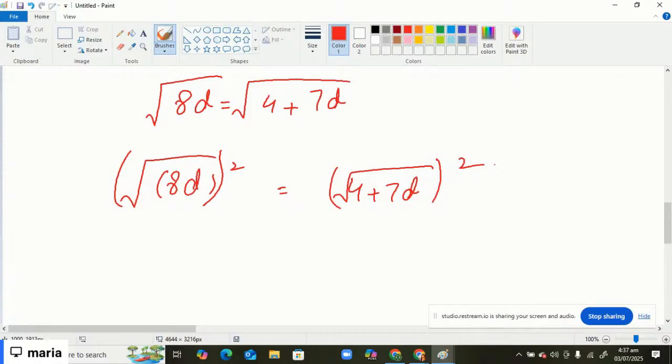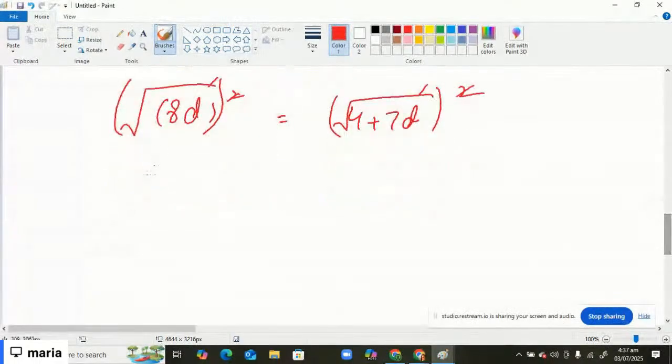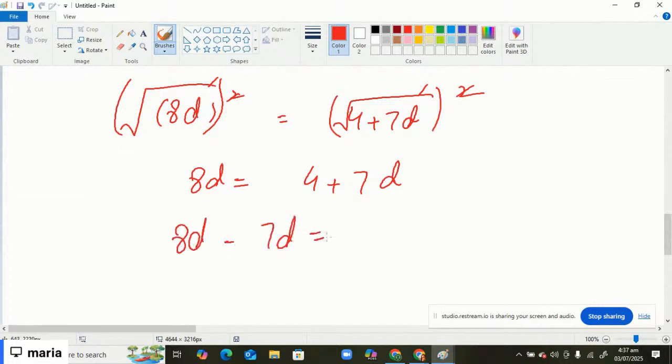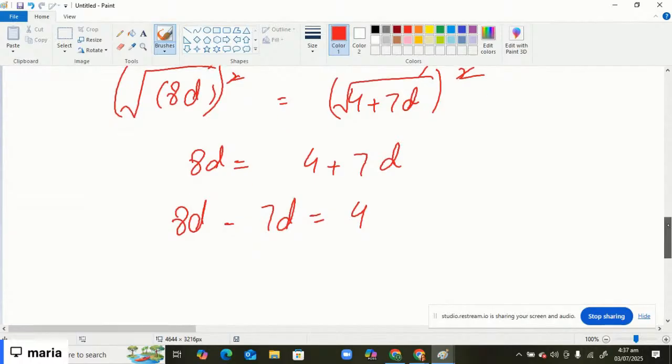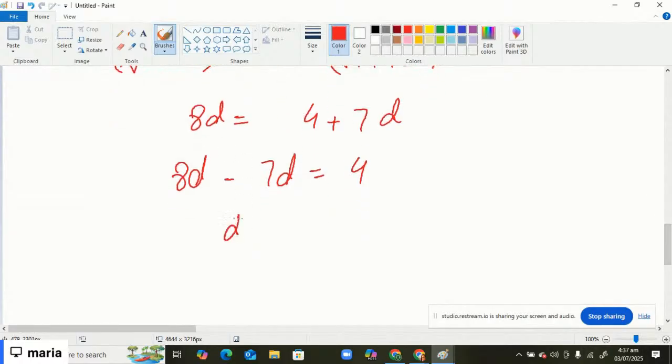Okay, should be cancelled. Now 8D is equals to 4 plus 7D. Now 7D is moving from right to left side, so the sign is also changed. This becomes minus 7D is equals to 4. Then only D is left and D is equals to 4, and that is our answer.